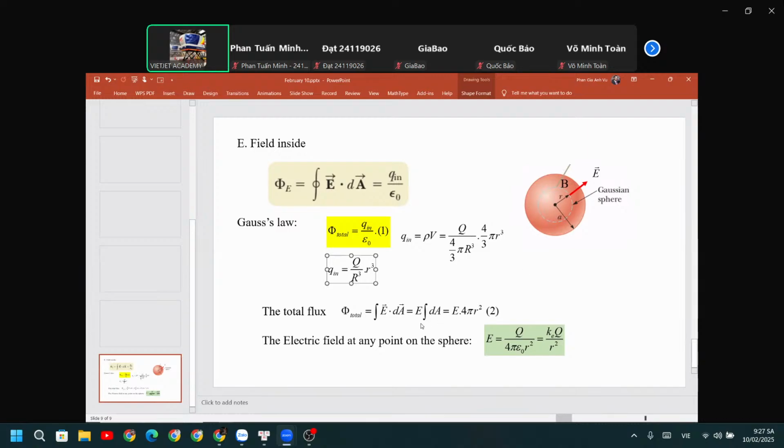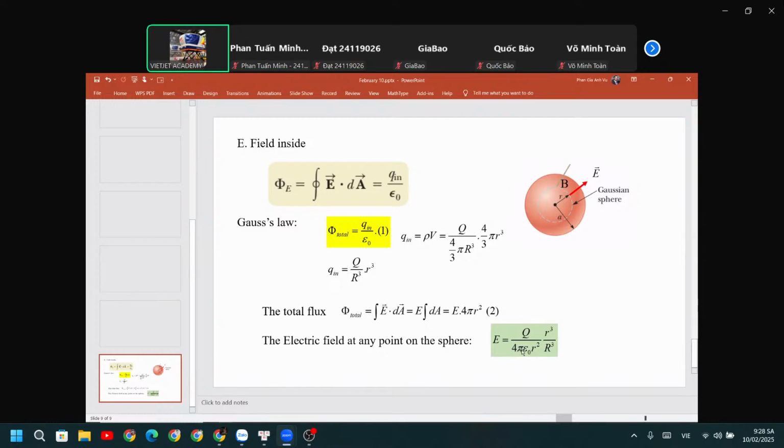You take E out of the integral, and the integral of dA is the sphere area, so 4 pi r squared. Then the electric field at any point on the sphere, let's say inside, you divide the flux by 4 pi r squared, and you get the fraction of r cubed over capital R cubed.